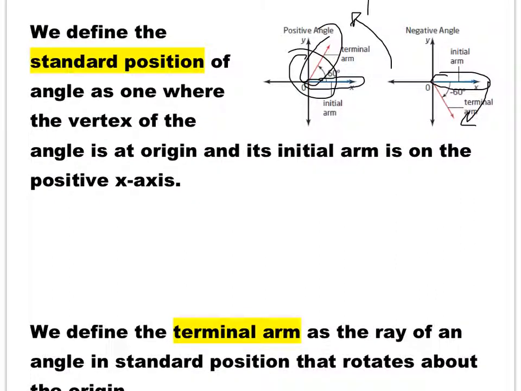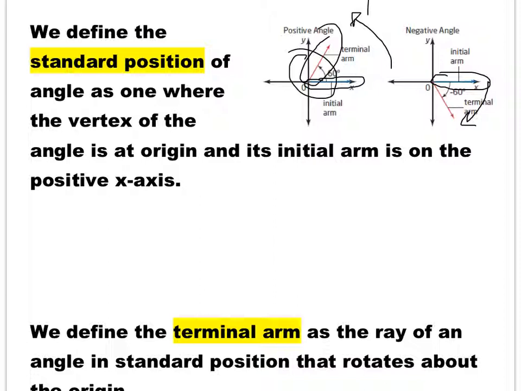We define a terminal arm, which is going to be the second leg of an angle, which is going to cross the origin, and we call it the terminal arm. Now, when the terminal arm crosses the circle, that unit circle that we talked about, we call it the terminal point.